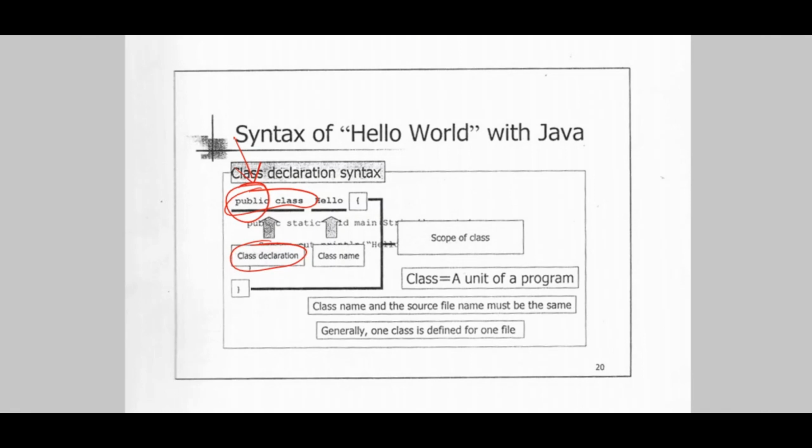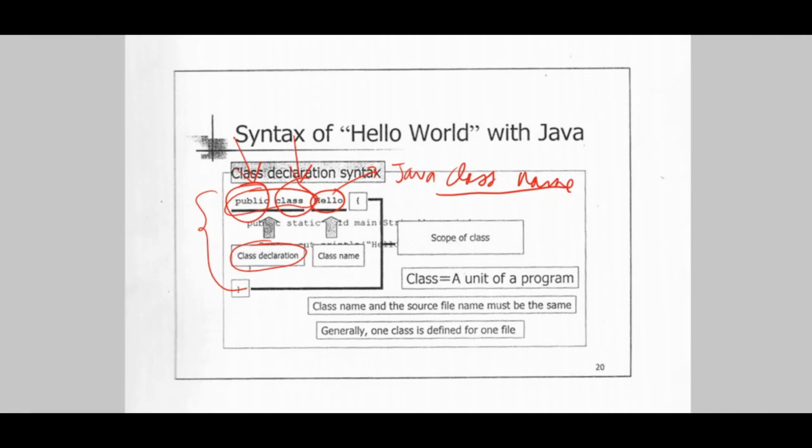So again, we call this part here the class declaration, consisting of 2 keywords, the access modifier, which is public, and the keyword class that indicates that this is a Java class, and then followed by what we call the Java class name. As I mentioned last time, the Java class name, the first letter of every word must be in uppercase.